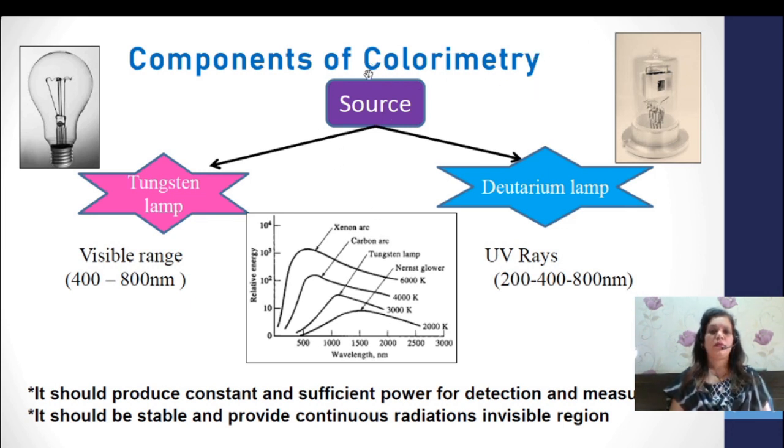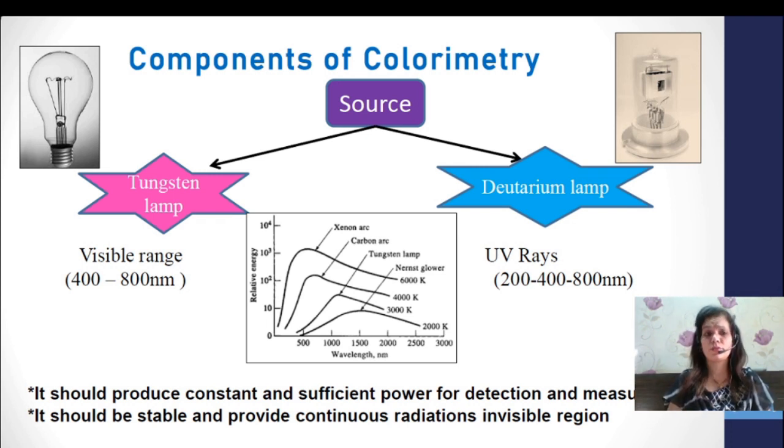The first component is the source. Source of light: here we can utilize a tungsten filament lamp, which is simple. The tungsten filament emits radiant energy, and here I have written down deuterium lamp as a source. There are many more such sources available in the market which can be utilized as a light source.